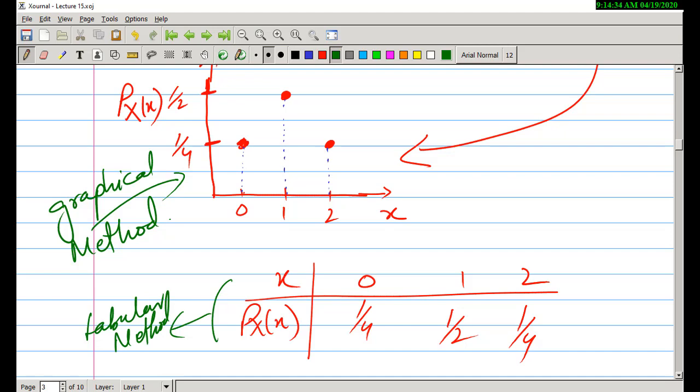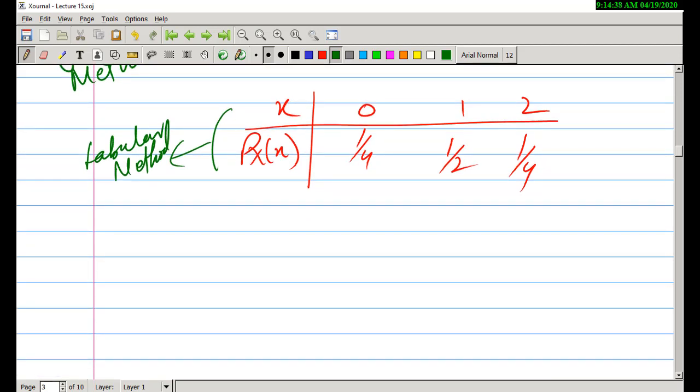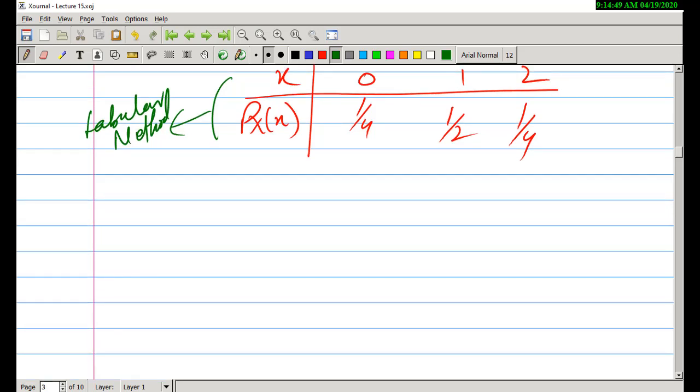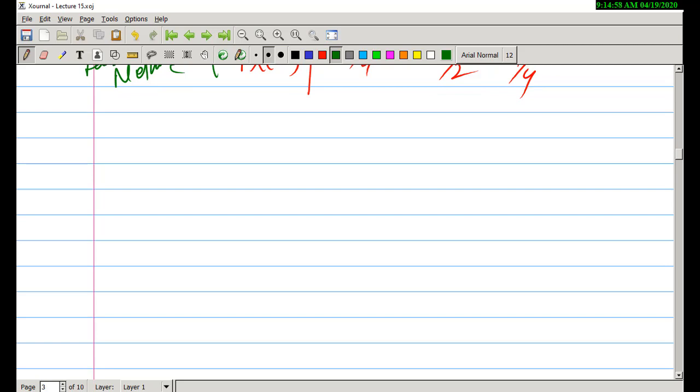So I hope you have understood the basics of the discrete random variable and how we can find the probability of a discrete random variable through the probability mass function and how we can represent it. Now because this is a probability model, axioms would always jump in wherever we are finding the probability.